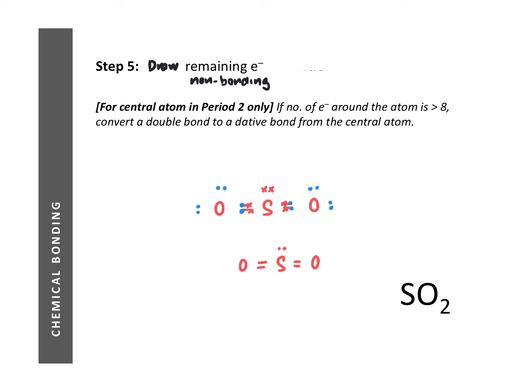But remember, in atomic structure, we have learned that elements in period 3 and above actually have 3d orbitals, which allow atoms of elements in period 3 and above to have more than 8 electrons in its valence shell. So this dot and cross diagram is perfectly okay because sulfur is in period 3.